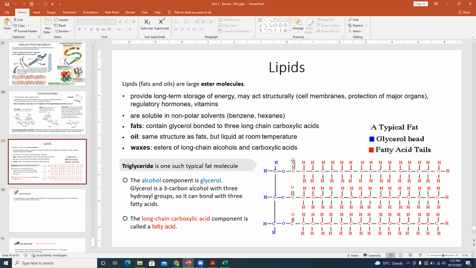At this end is the carboxylic acid, so CO, and then here would have been another OH, which was removed in the condensation reaction. This portion of it is the fatty acid tail. That's how a typical triglyceride looks, and how it would be formed from the alcohol and the carboxylic acid through condensation, the removal of water, and these ester bonds being formed.